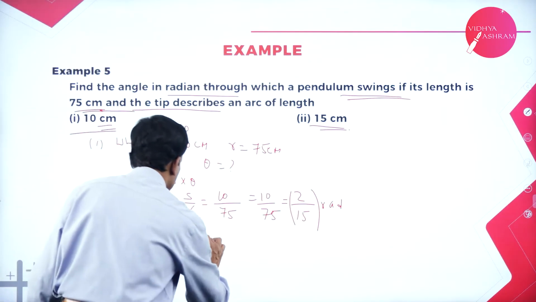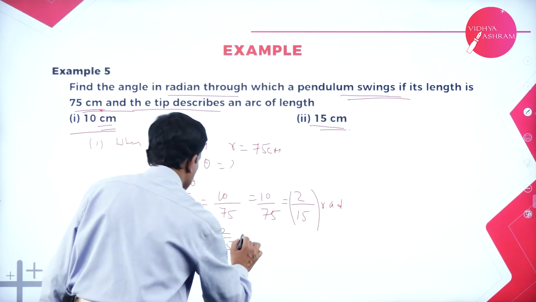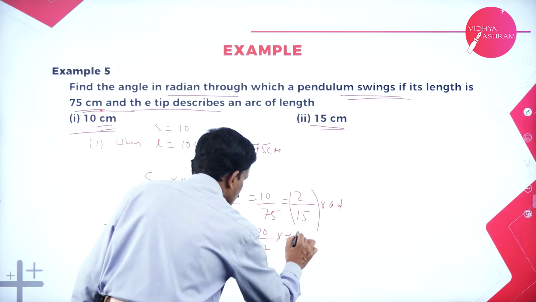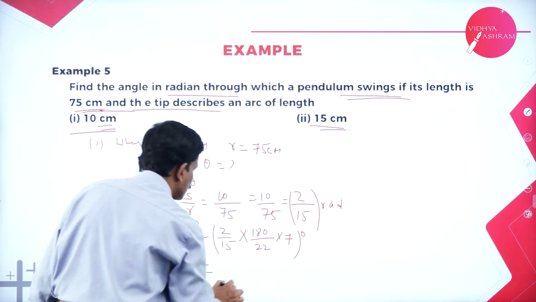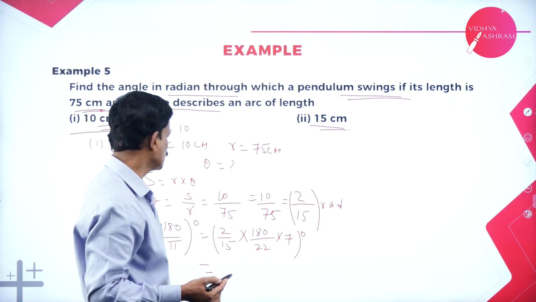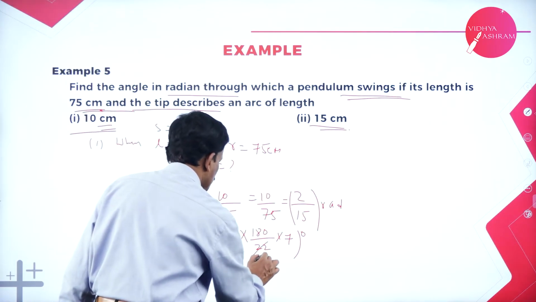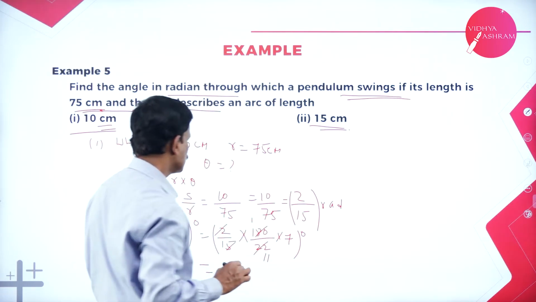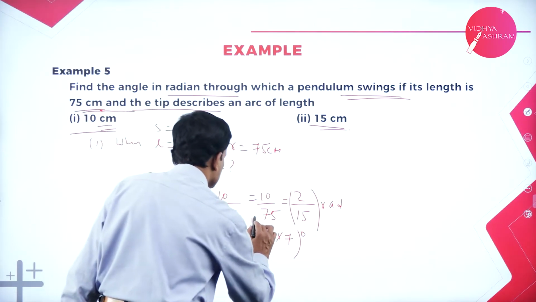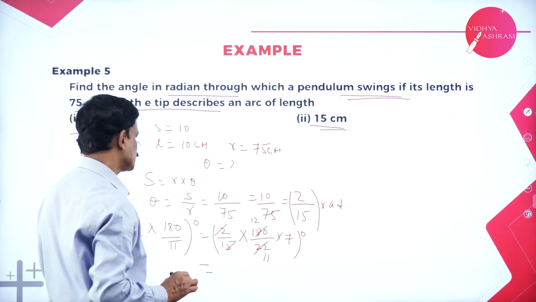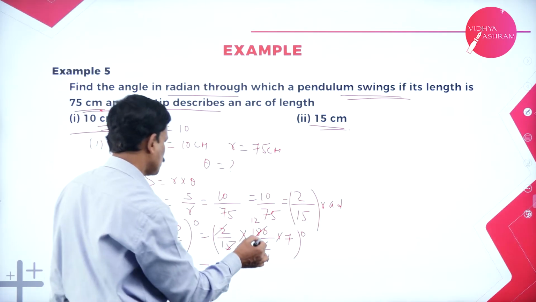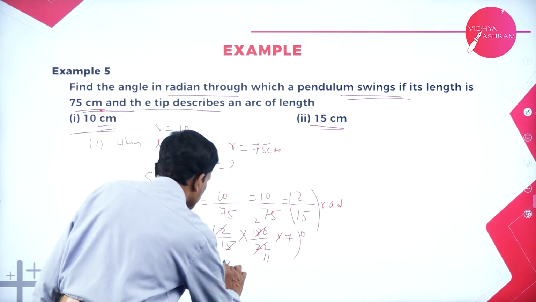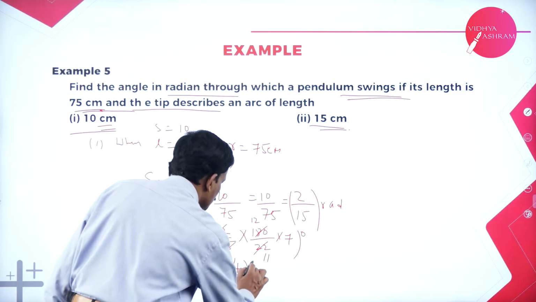If you simplify, this is 2 by 15 into 180 divided by 22 by 7 degrees. Simplifying, you get 12 by 11 into 7, so this is 12 into 7, 84 divided by 11 degrees.